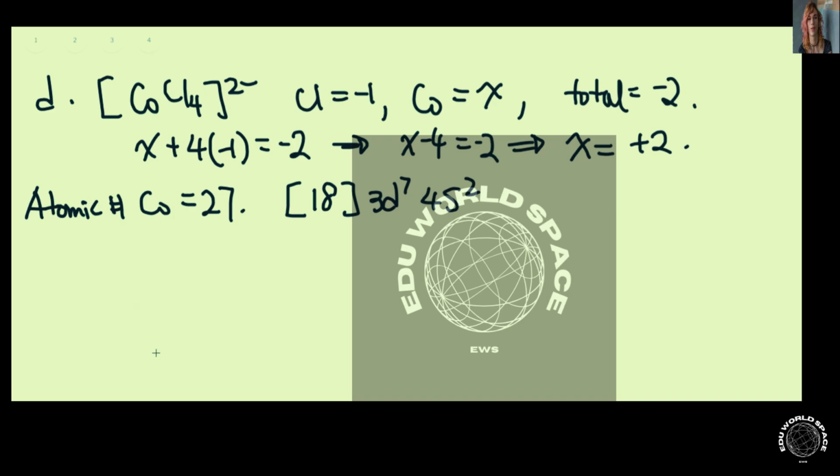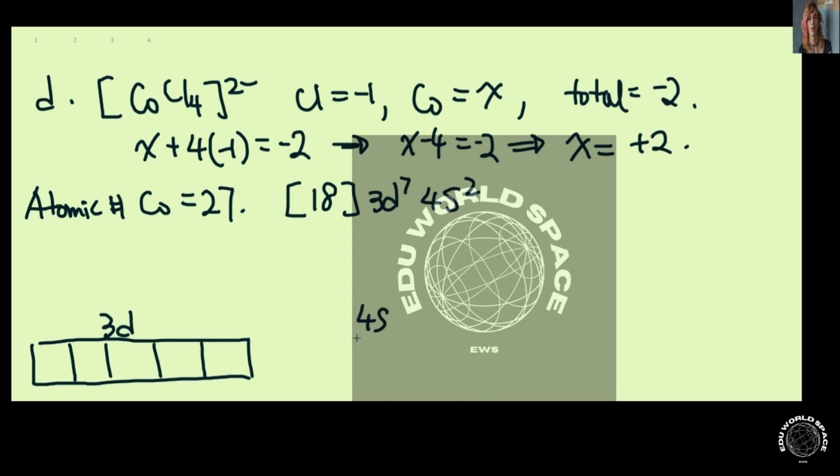If we draw the outermost electronic arrangement, we have 3d, 1, 2, 3, 4, 5, 4s orbital, 4p orbital.